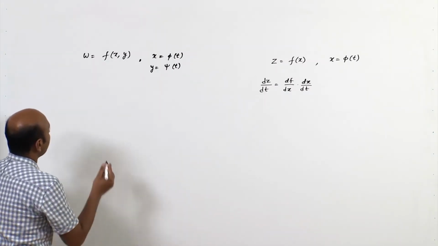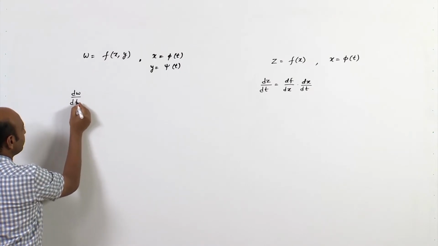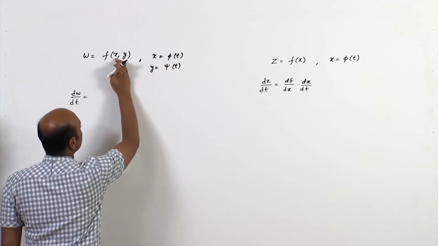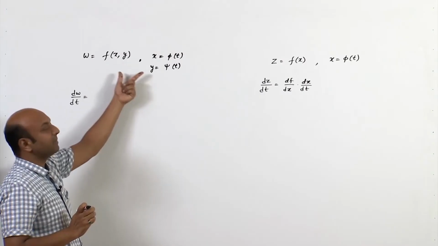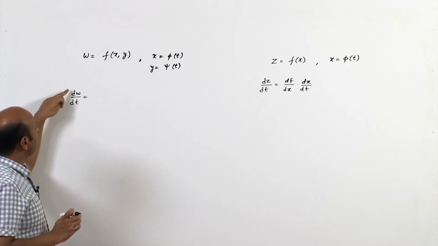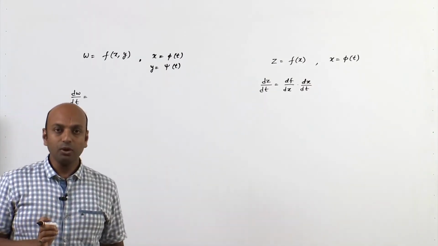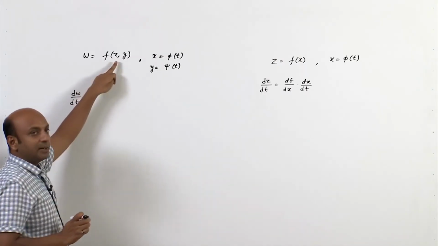So if we want to find dw by dt, when you substitute x as a function phi of t and y as a function psi of t, it will be a function of the single variable t. So instead of a partial derivative we will have a complete derivative dw by dt, because now w is a function of only one variable t.